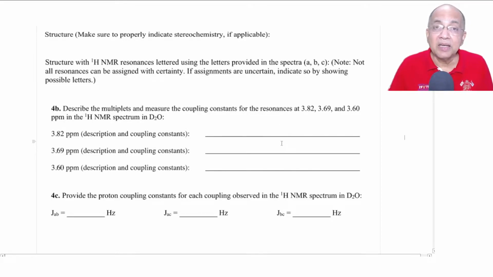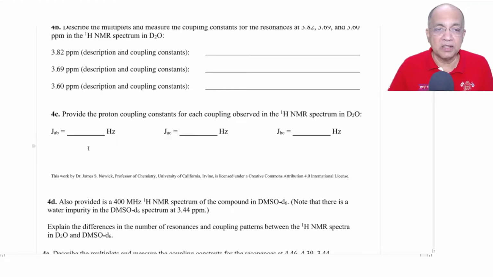If it is a doublet of a triplet, or a multiplet of a multiplet, you have to give 2 J values. If it is a multiplet of multiplets of multiplets, then you have to give 3 J values, right? So for all these three peaks, you have to express the peak pattern, peak nomenclature, as well as the J values, and also provide the J values JAB, JAC, JBC separately.